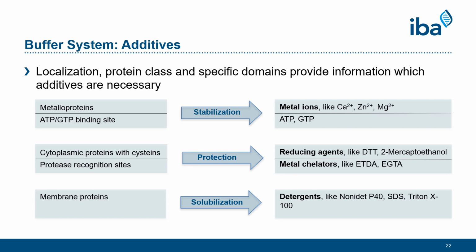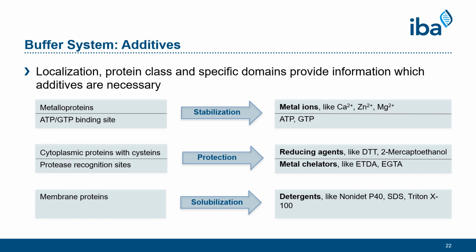Cytoplasmic proteins containing cysteines need reducing agents to prevent unnatural disulfide bonds, because in the cytoplasm, disulfide bonds are normally not formed.